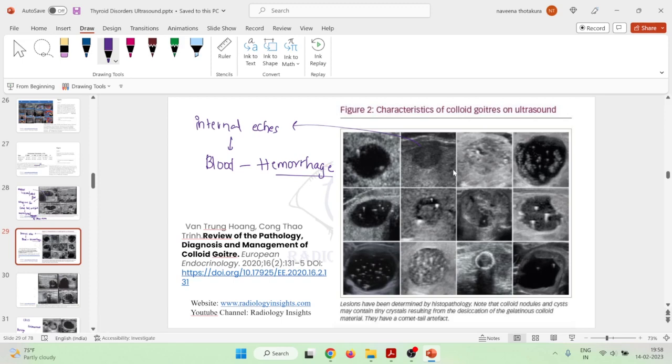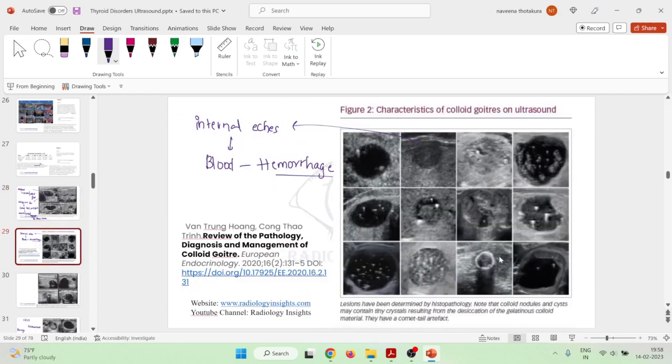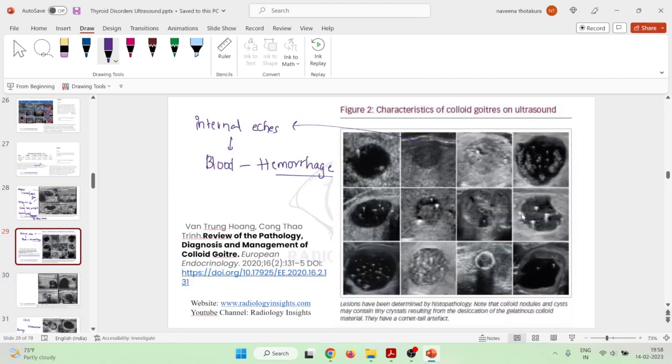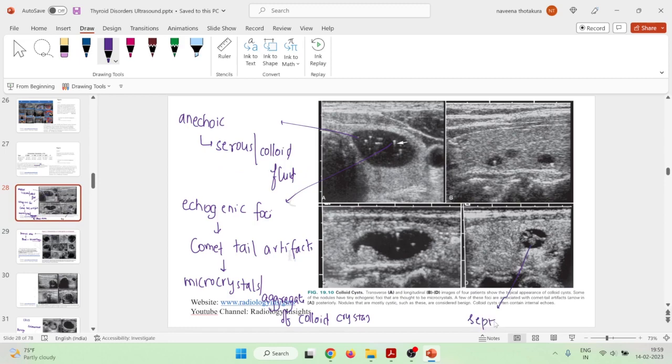Sometimes we can also see thin intracystic septations like this. Here you can see some septations, right? So you might also see the presence of thin intracystic septations inside the cyst.